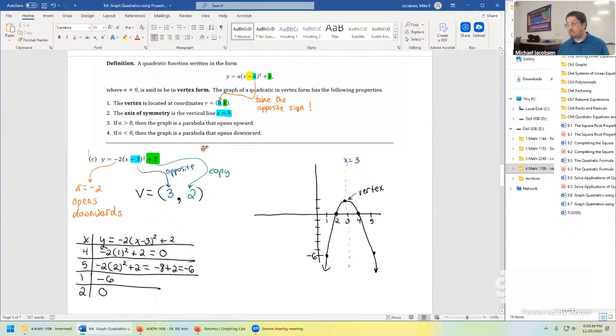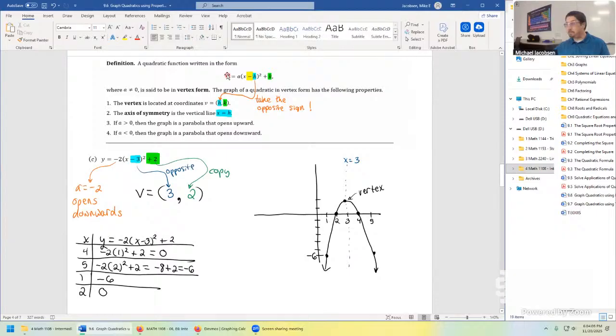Well, this is what graphing looks like if your problem is in vertex form. Now you can imagine that someone might take this x minus 3, x minus 3, excuse me, and completely expand that out: FOIL x minus 3 times x minus 3, distribute -2 inside, add 2 to the result, and what you get is something no longer in vertex form, won't look like that at all.